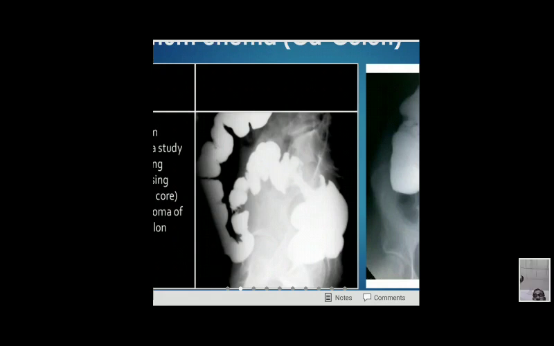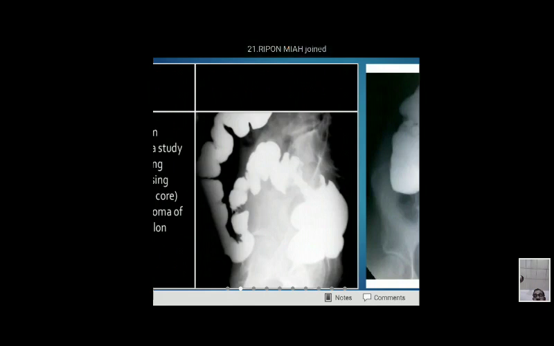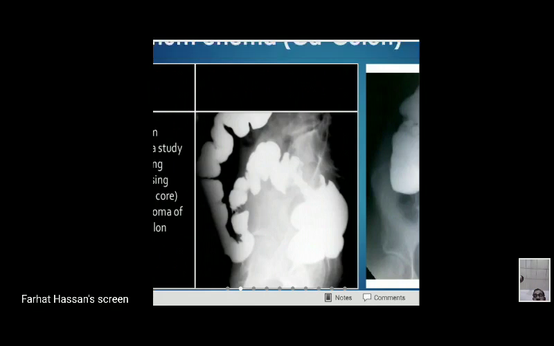You have seen multiple filling defects with contrast. Yes, there is a filling defect with apple core deformity.